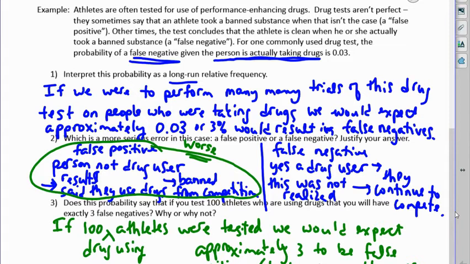I mean, it could happen, but we expect it to be approximately, and there's that word, around that. So if it was 2 or 4, we'll learn ways to figure out how far off it has to be to be strange. But we would not expect exactly 3 false negatives. Oh, false negatives, sorry. We would expect around that, but we never expect life to be perfect.